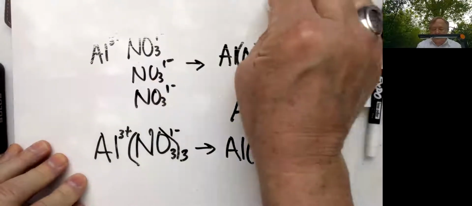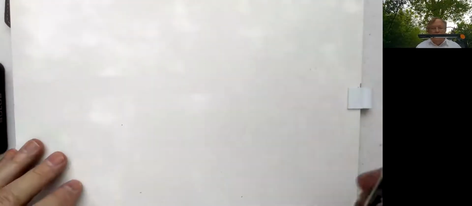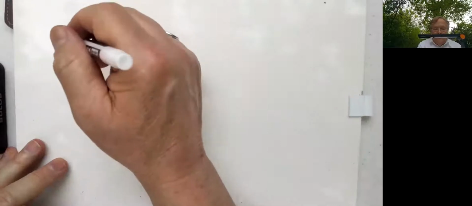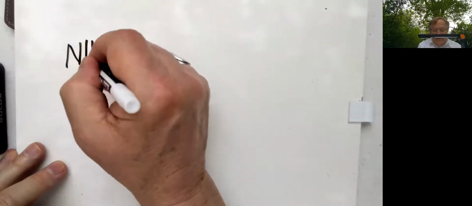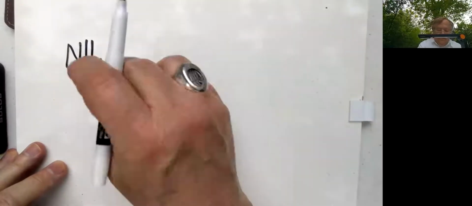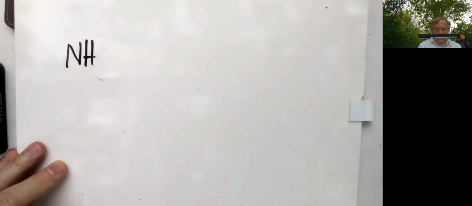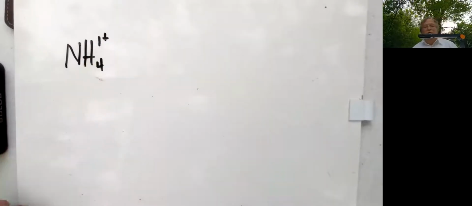So one other thing, before I say one other thing, let's look at one of those positive polyatomic ions. There's only 2 of them that we use, and in most cases, the hydronium that we looked at earlier is not used in formula writing.